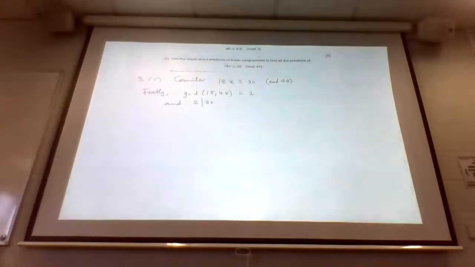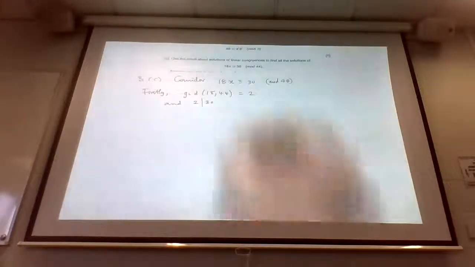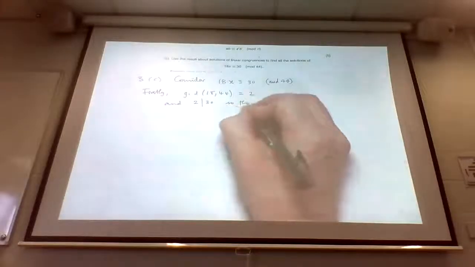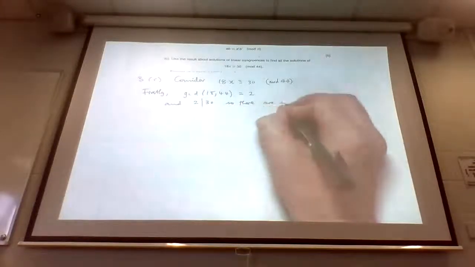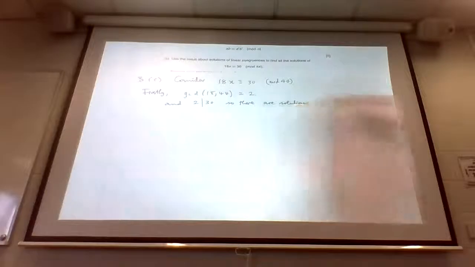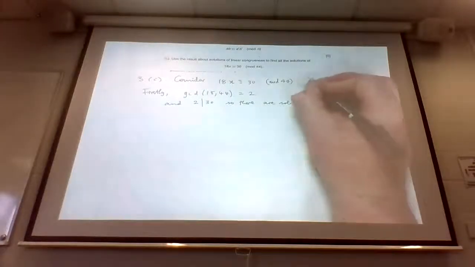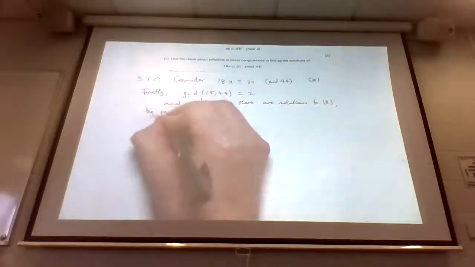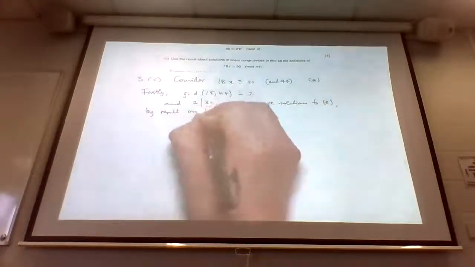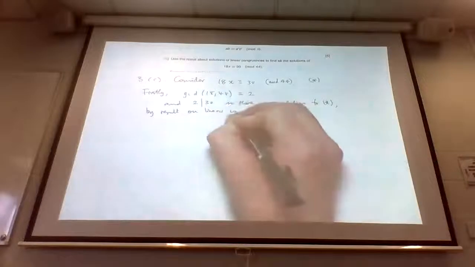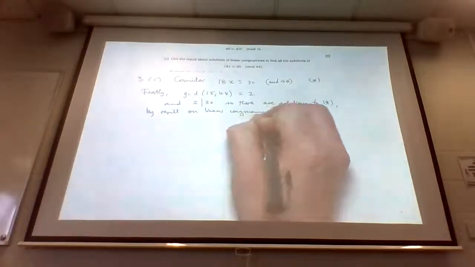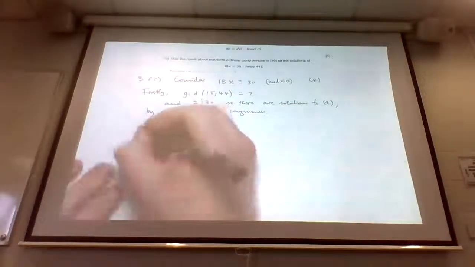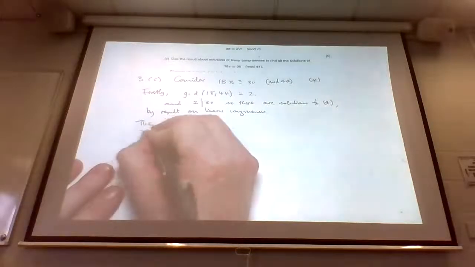Okay. So there are solutions to this. So that's by the result on linear congruences.